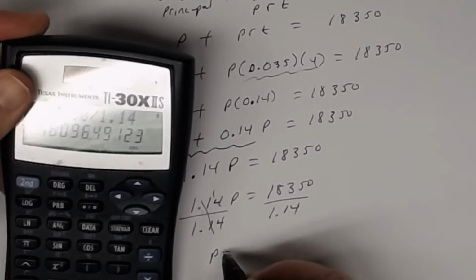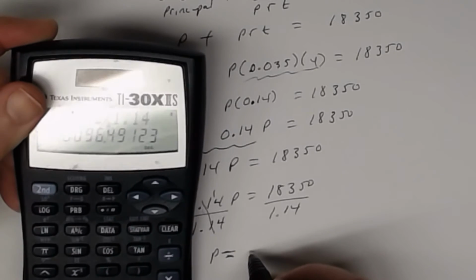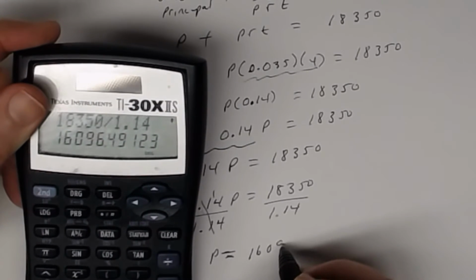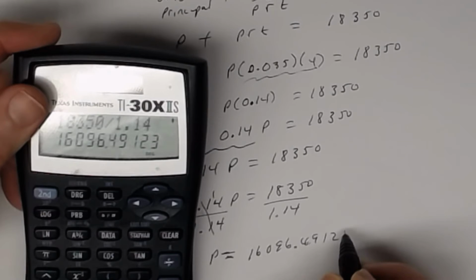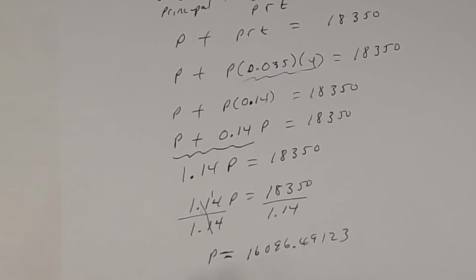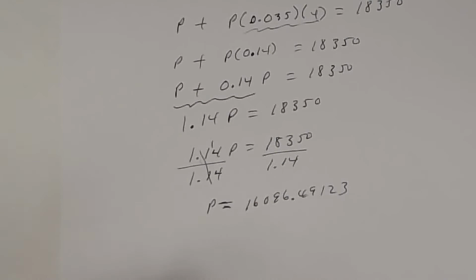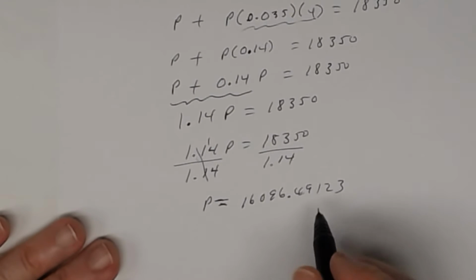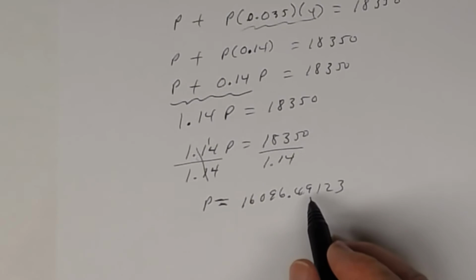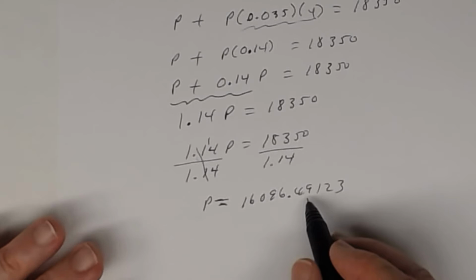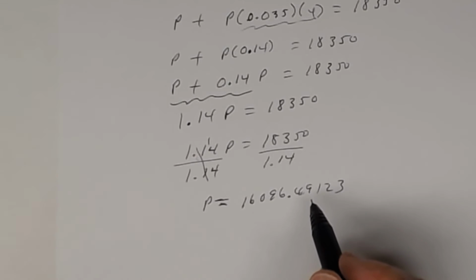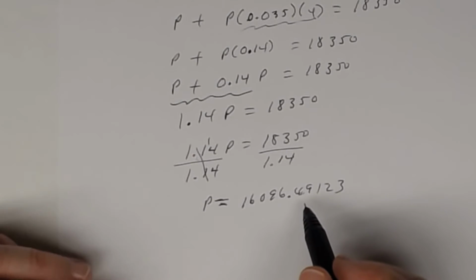And so what I have so far is this. P equals 16096.49123. Okay, but remember we're talking about money here. When we talk about money, we think of this in terms of rounded to the nearest cent. But sometimes you'll be told to round to the nearest whole dollar.